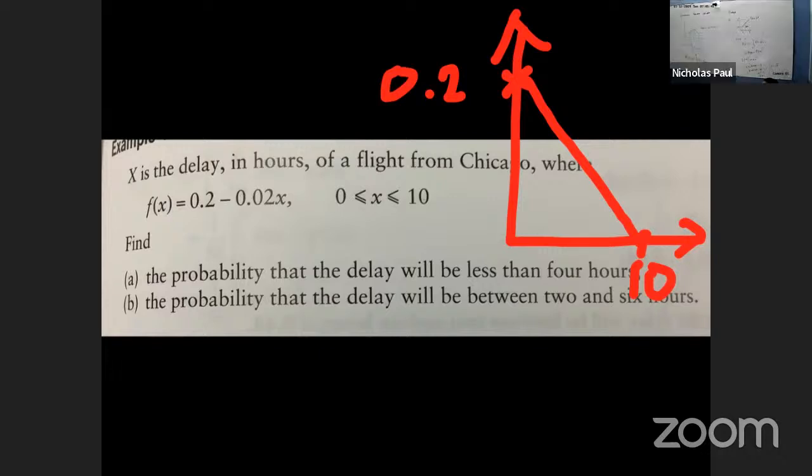You're listening all the time? Be honest. I was listening to some of it, and from what I could tell, we're integrating and the boundaries would be 4 and 0 for at least part A. Right, but you do have to find the area, the integration sign, that's what you're doing here. And the boundaries would be 4 and 0.